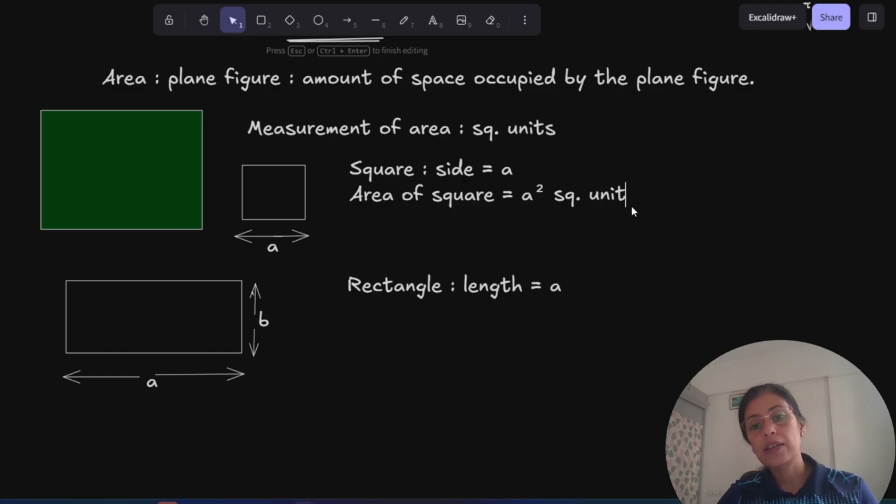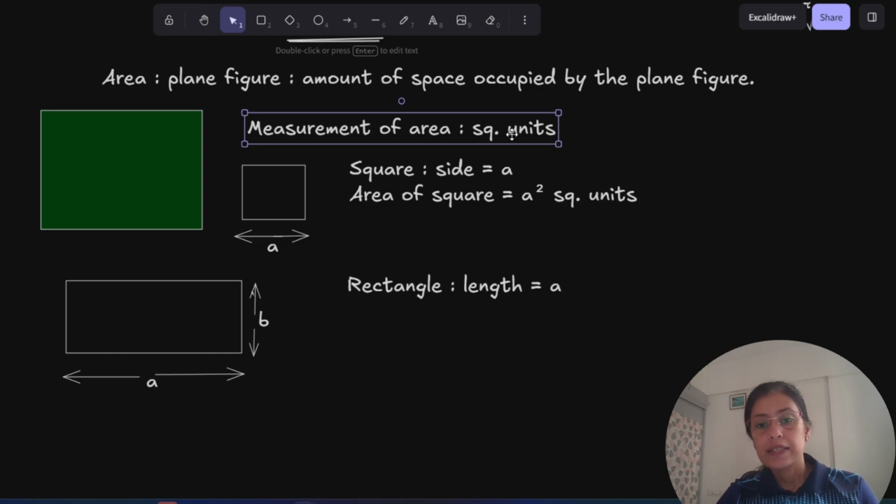So area is always in terms of square units, right? As I mentioned here, measurement of area is always in terms of square units.